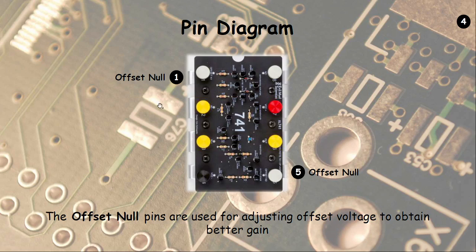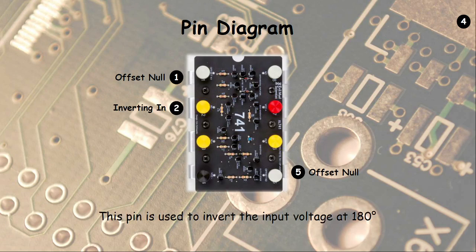The first pin is the offset null. I will tell you what exactly offset null means afterwards. The second pin is the inverting input. There are two inputs for this IC, the inverting input and the non-inverting input.